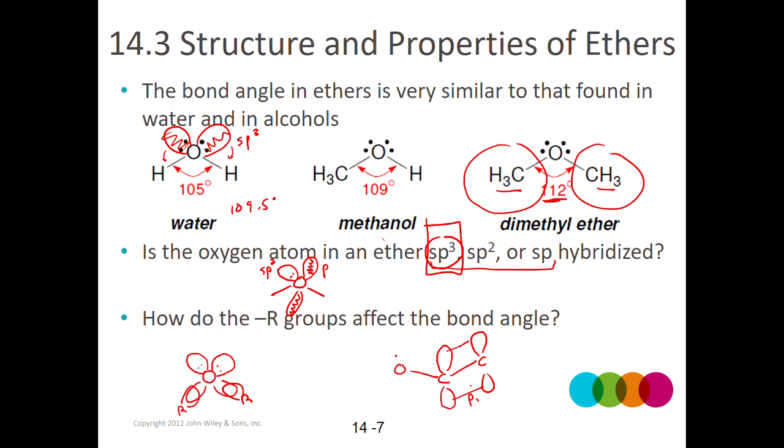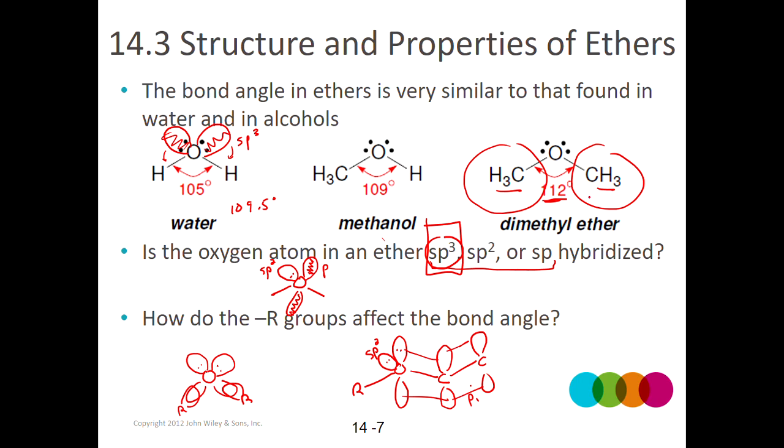So one of the lone pairs will also exist in a p orbital, and it will rotate so that some side-by-side overlap can occur there. And then the other lone pair will be in a more compact sp2, which would help to stabilize it closer to the nucleus. And then there'd be another sigma bond there with whatever the other R group is.